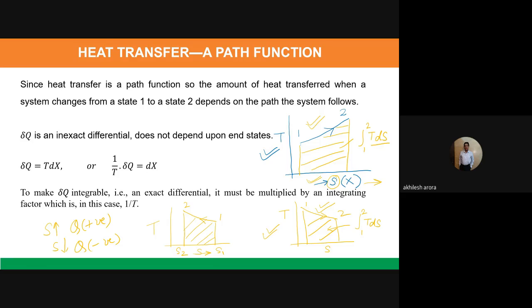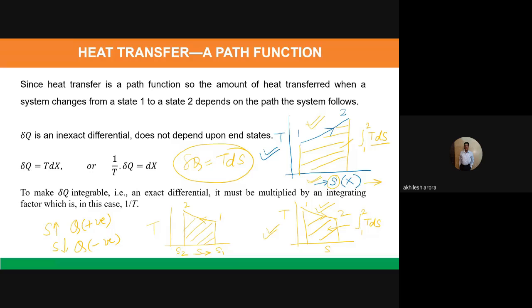That means heat is leaving the system. Positive means heat supplied to the system, and negative means heat supplied by the system. So that is what you need to understand. Otherwise, you can always calculate the value of the heat transfer from the relationship delta Q is equal to TdS. That is the only equation that you need to remember.